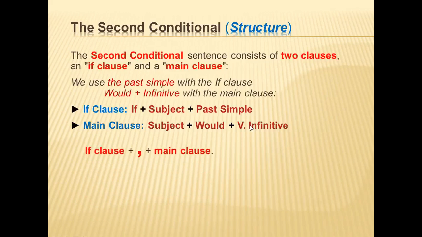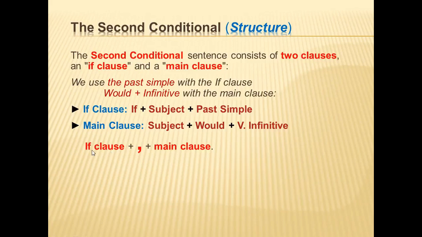Okay, if you use the if clause first, after the if clause you have to use a comma, but if you don't use the if clause first and you use the main clause first, you do not need to use a comma.